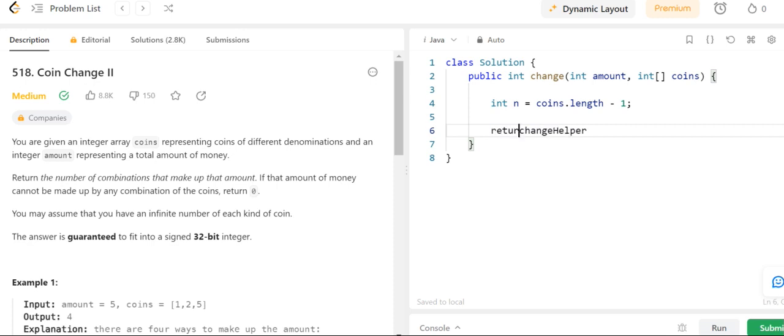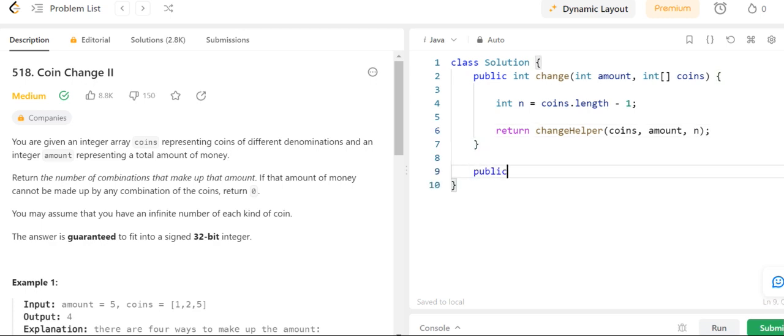This is a recursive function and that takes the coins, amount, and the index, okay? And this function returns integer and it takes an integer array coins, integer amount and integer index, okay?